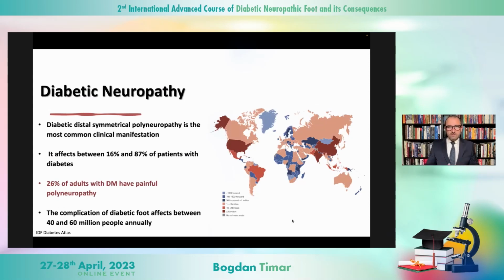Thinking about its prevalence, approximately half of the patients with diabetes will have diabetic neuropathy sometime during their disease, and since diabetes has a high prevalence, we can make a rough estimate that the population of patients with diabetic neuropathy in the world is similar to the population of a large country like the US.